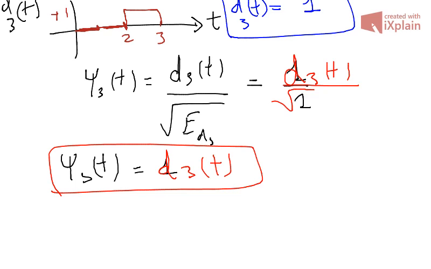Now we have to move towards finding psi 4, right? So let's move to find out psi 4, and for psi 4 we choose the fourth signal. So this is our step number 4.